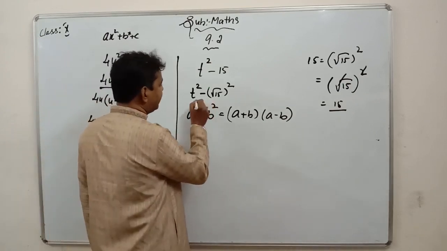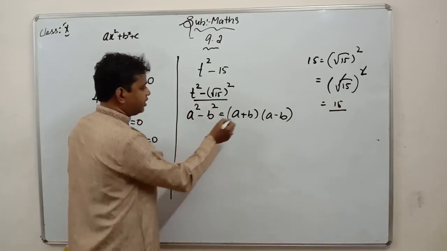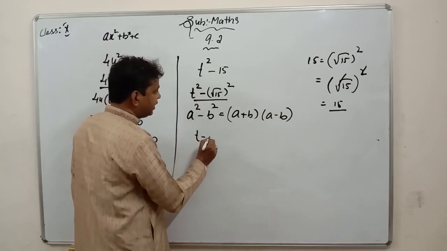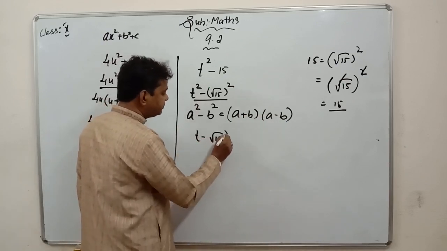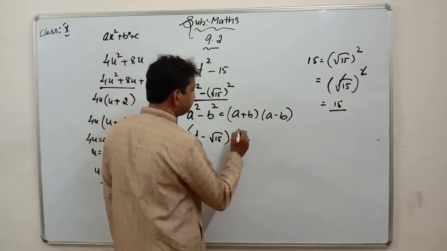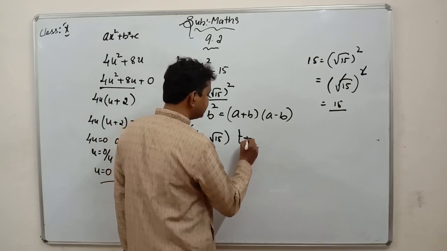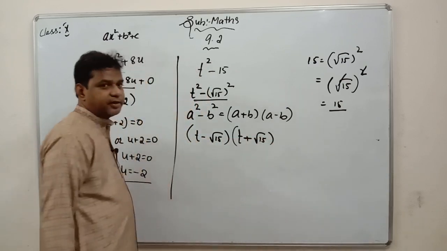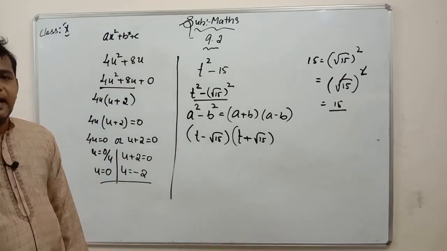Now you can write this in the form of a plus b and a minus b, that is t minus root 15, that is one term, and the other term is t plus root 15. So here we have two terms again in the form of a plus b and a minus b.